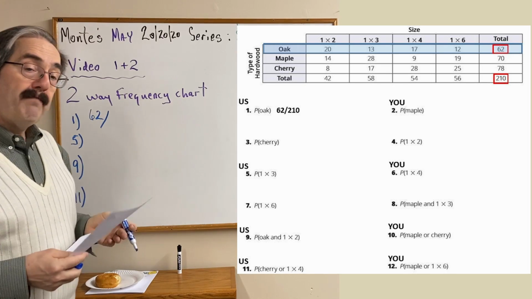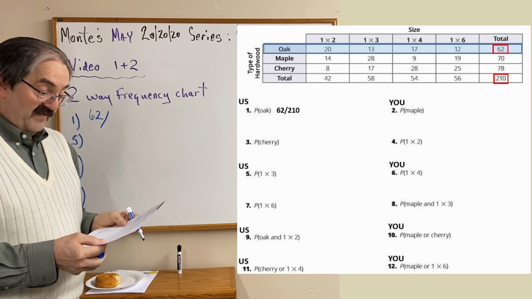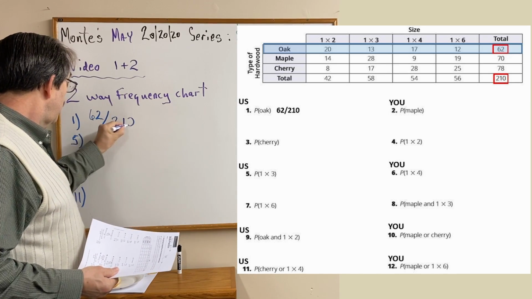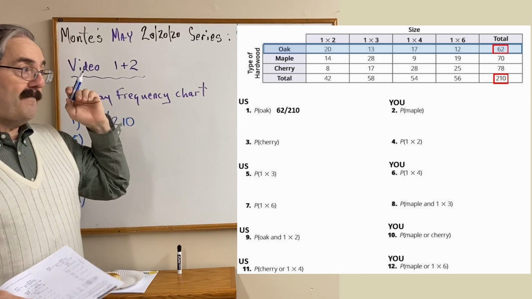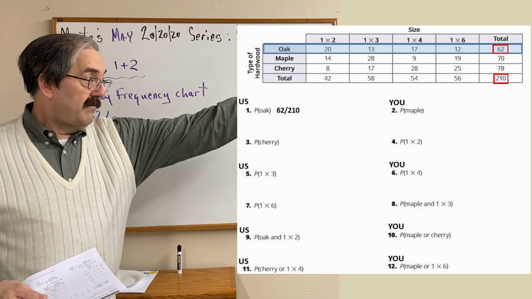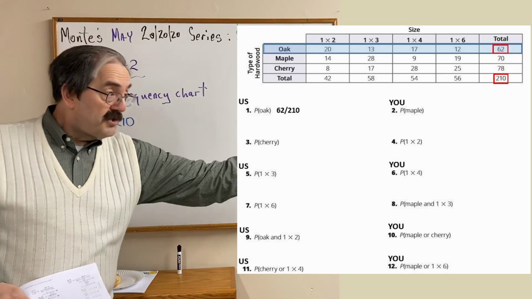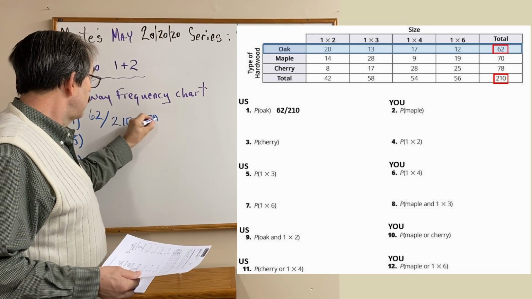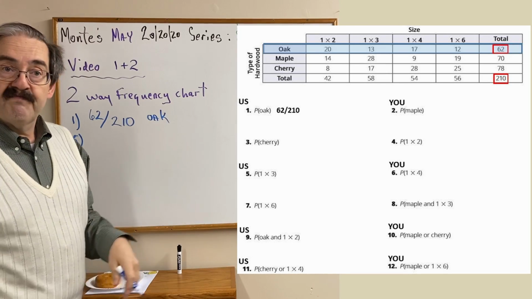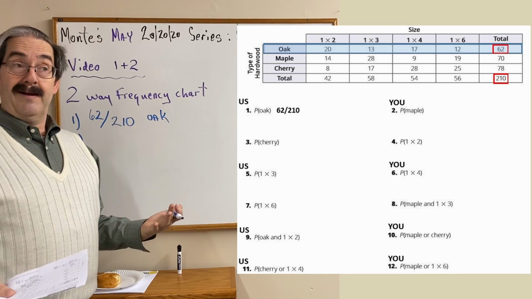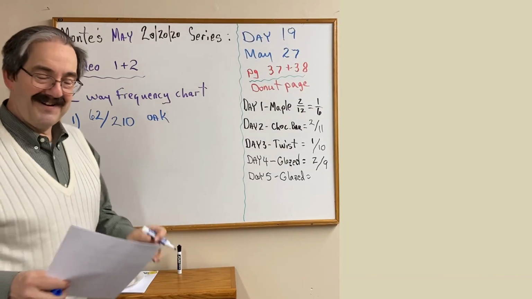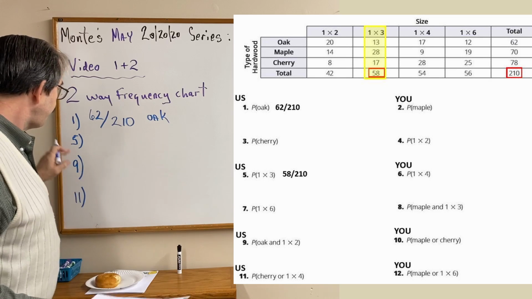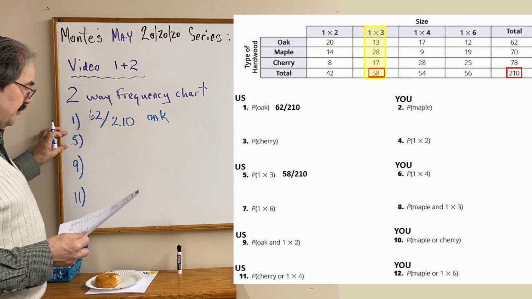Out of how many possibles? 62 of 210. You see how I got that? 62 of the 210 are oak. Done. Most of you probably are like, oh, I remember how to do these. Now, you're supposed to do number 2, then we're going to do number 3. Oh, excuse me, 5.